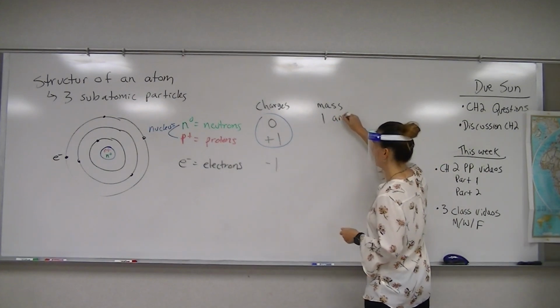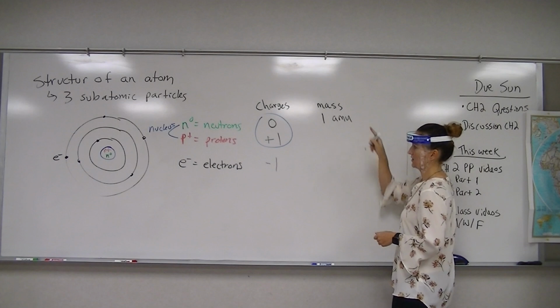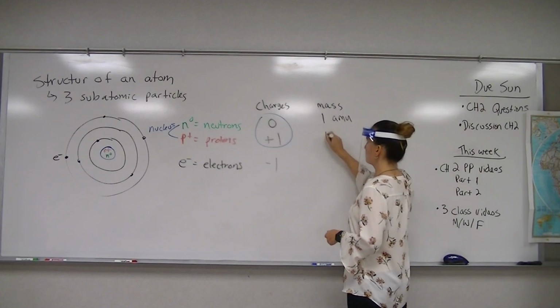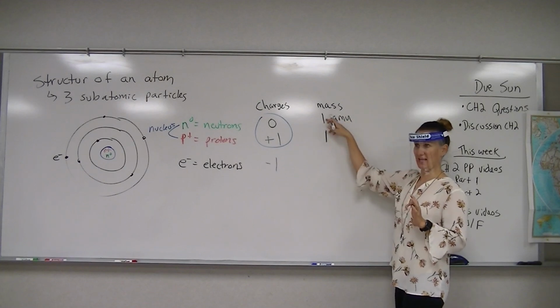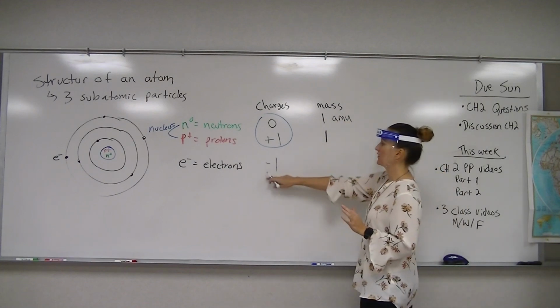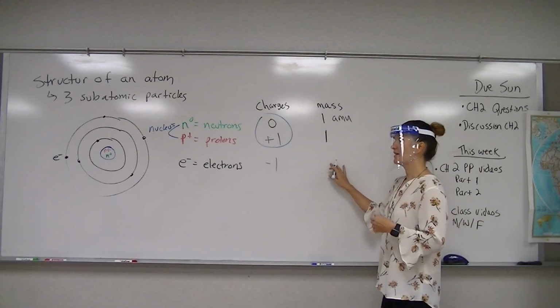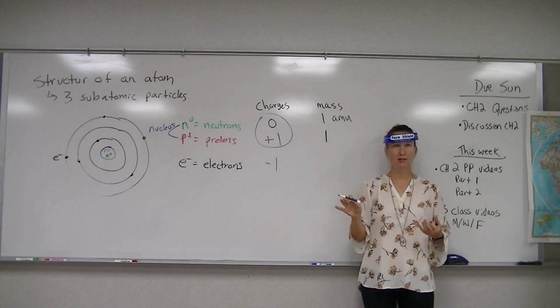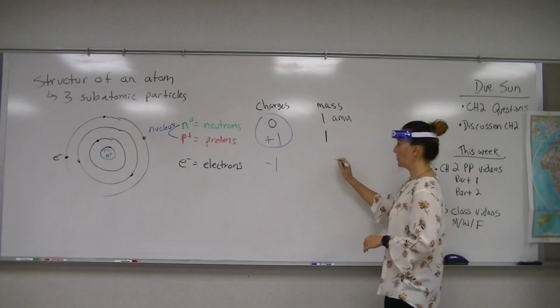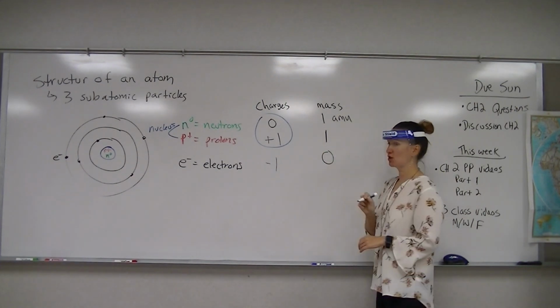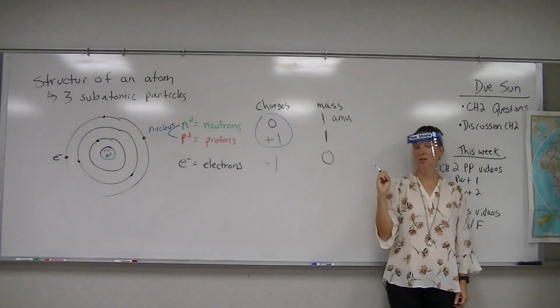If you want to, you can write AMU, atomic mass units. Protons also worth 1. Nice whole numbers. This is going to help us because we're going to be calculating these in a minute. The electrons, they do have a very, very small mass. It's like 0.005 something. Or I think there might be more zeros than that. But for our purposes, electrons are going to have 0 mass.